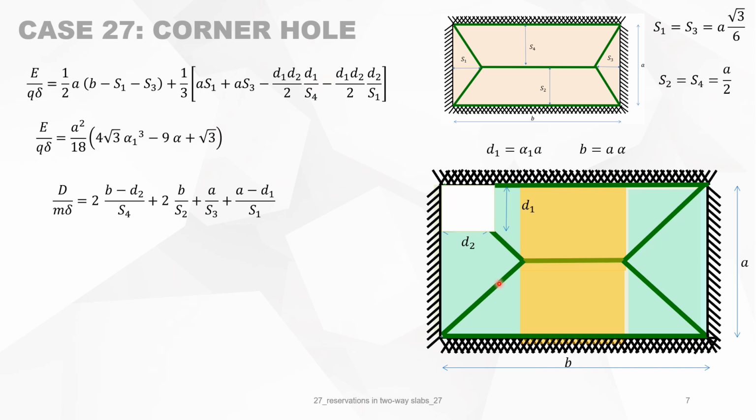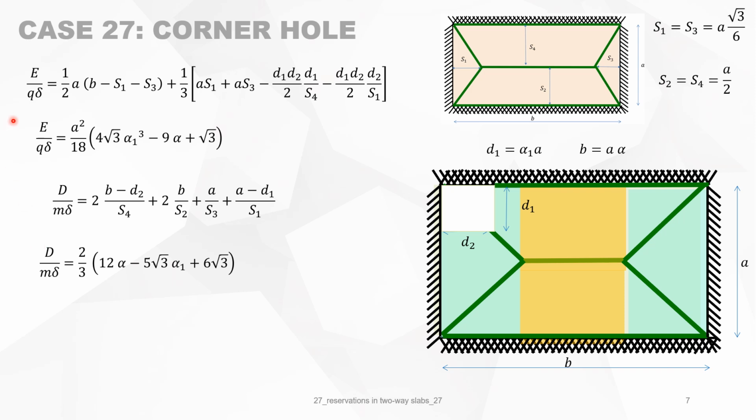And on this side, we have a minus d1. It's only this portion from there to there. So it is m times a minus d1 divided by the rotation, which is delta over s1. Then, substituting the different parameters, we arrive at the equation.